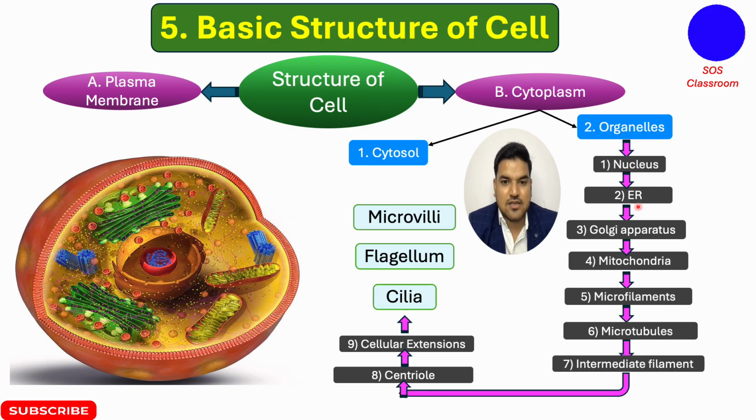These include the nucleus, ER meaning endoplasmic reticulum, Golgi apparatus, mitochondria, microfilaments, microtubules, intermediate filaments, centrioles, and cellular extensions. There are three cellular extensions we will discuss: cilia, flagellum, and microvilli. First of all, we start with the plasma membrane. Later on, we will discuss the remaining things.